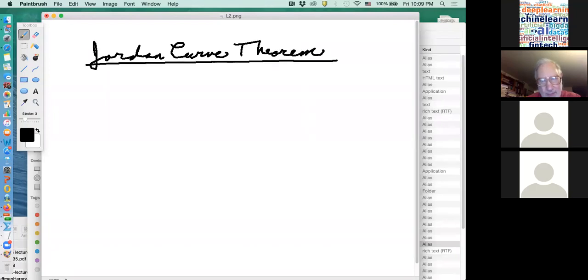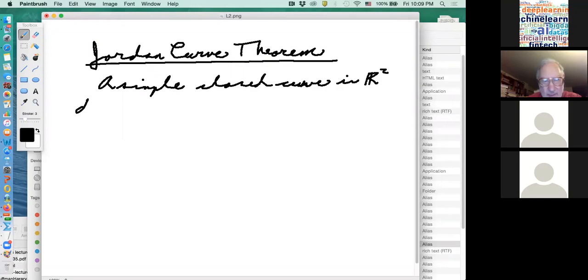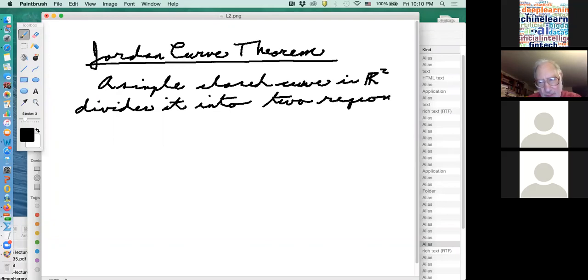The Jordan curve theorem says that a simple closed curve in the plane divides it into two regions, each homeomorphic to a disk.